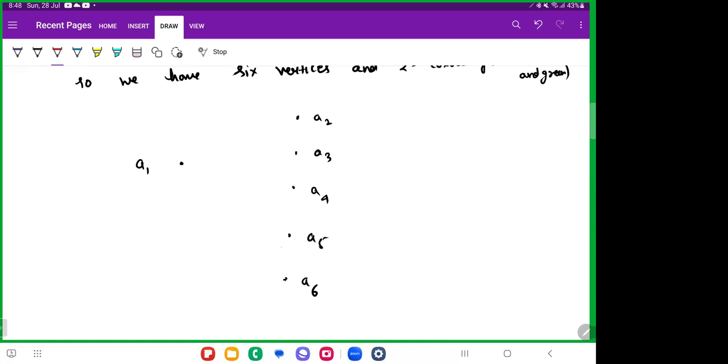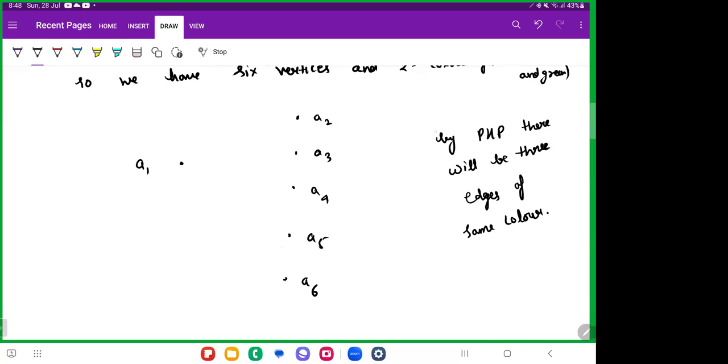Now you can use the pigeonhole principle again. By the pigeonhole principle, there will be at least three edges of the same color, right?